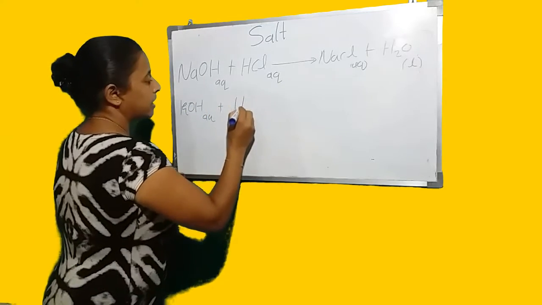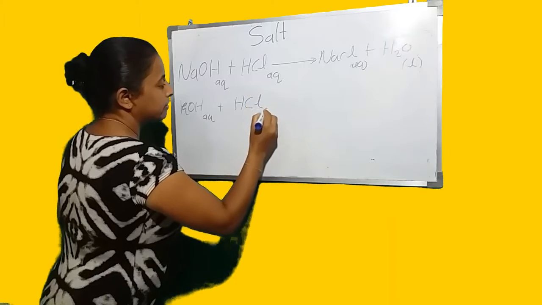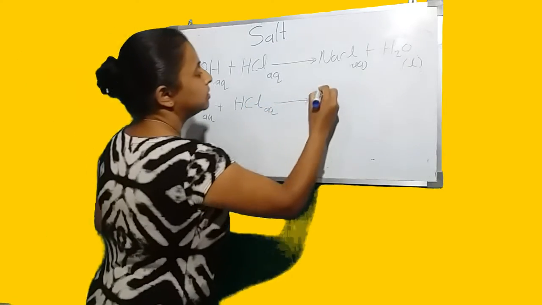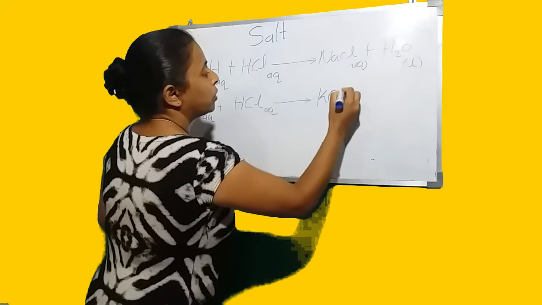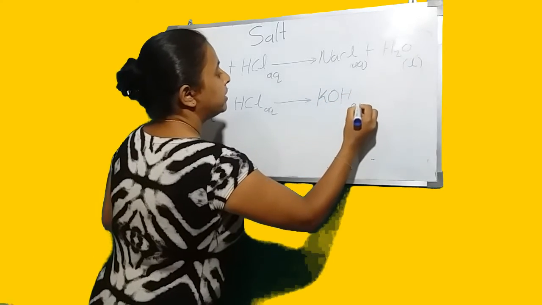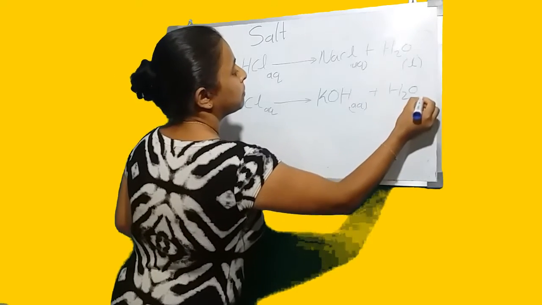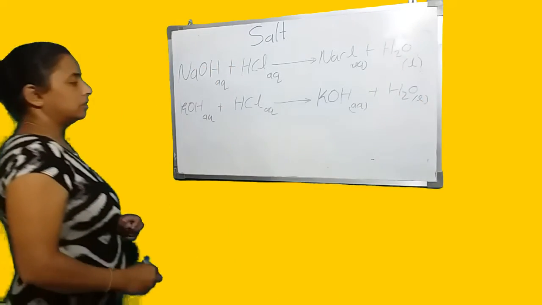Another example, potassium hydroxide reacts with HCl, hydrochloric acid, to form potassium chloride and H2O. Right?